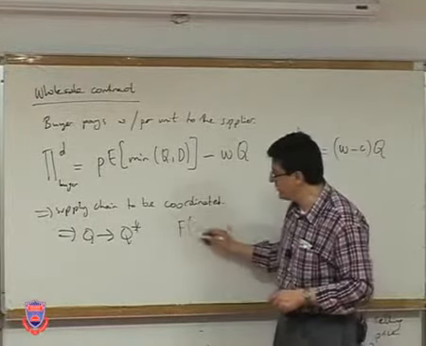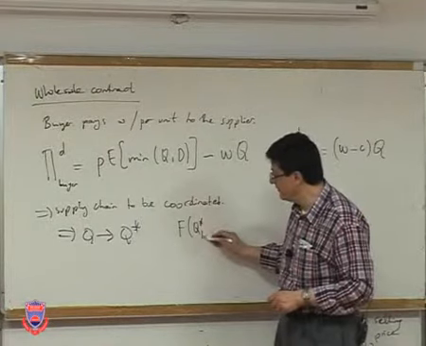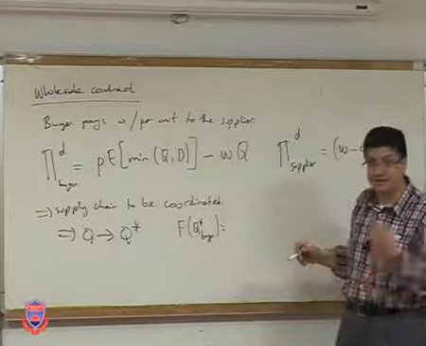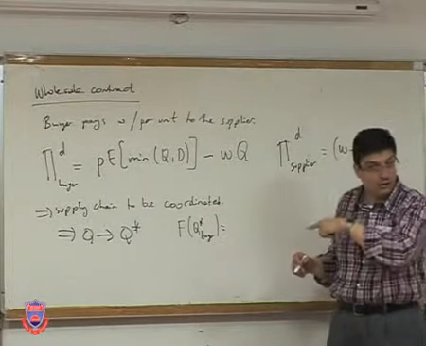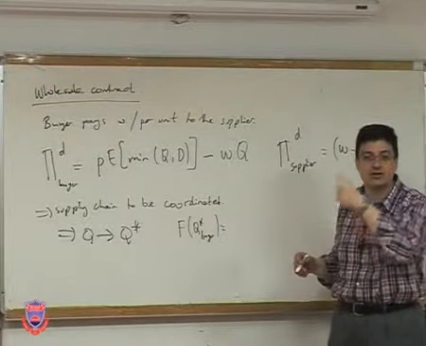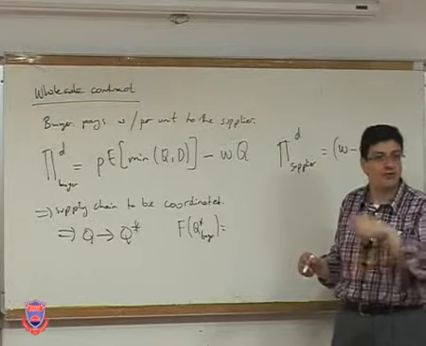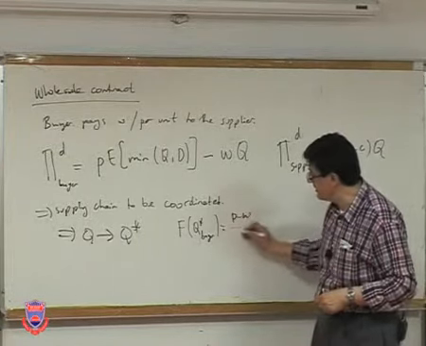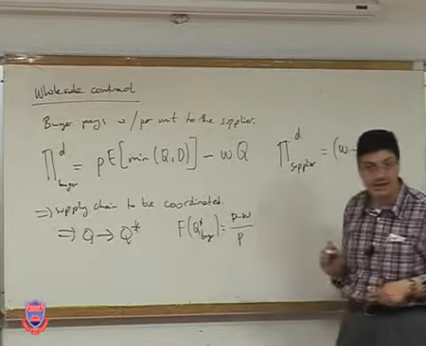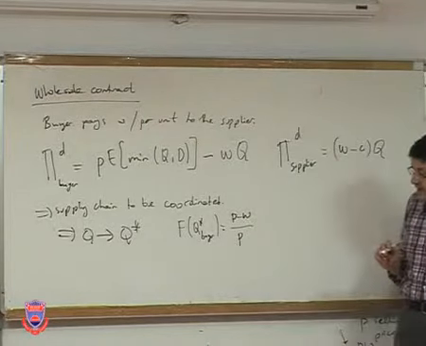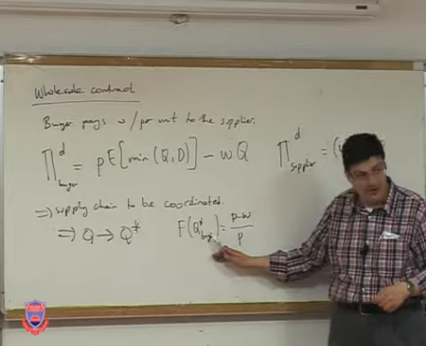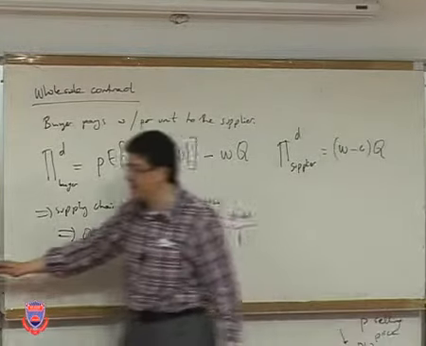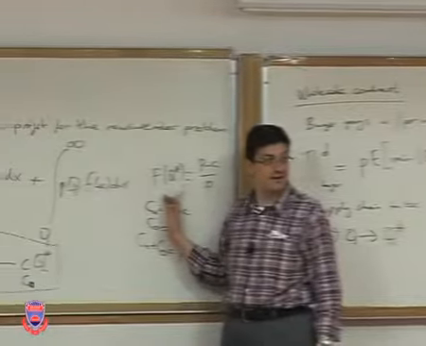It means that F of Q optimal for the buyer is going to be simply the ratio of cost of underage to cost of underage plus cost of overage. So in this case, this is going to be (P minus W) divided by P. Now, of course, what we want is for this fractile to be identical to the centralized fractile.